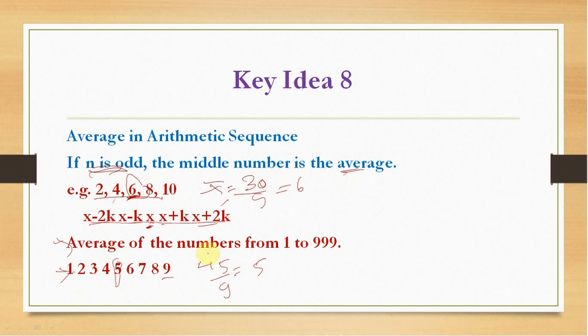Now the average of the natural numbers from 1 to 999: there is an odd number of observations, so the middle number 500 will be the average.